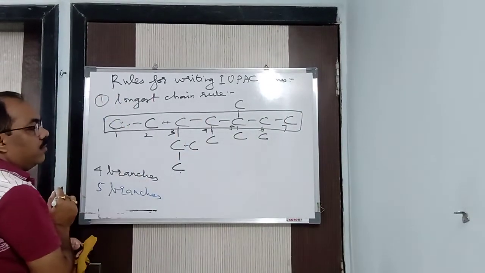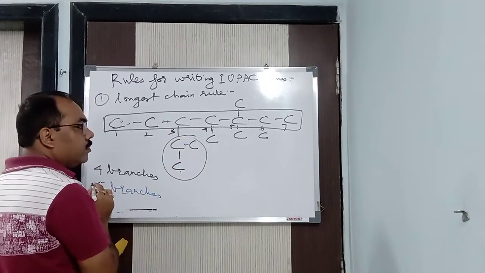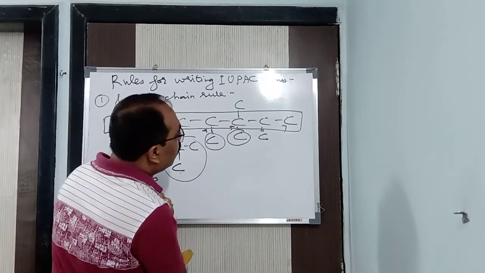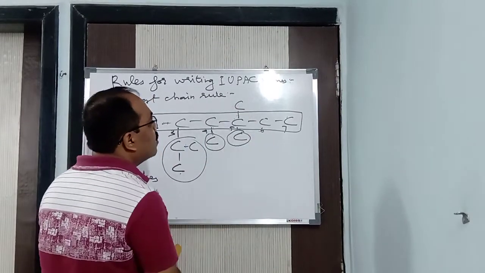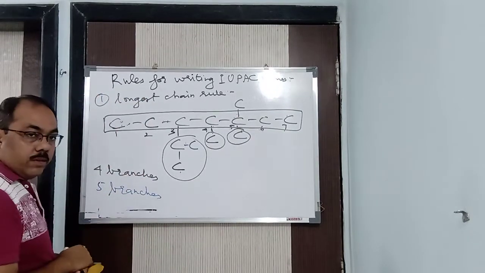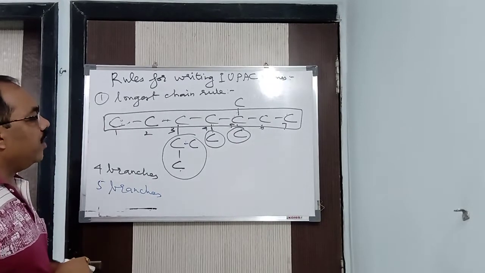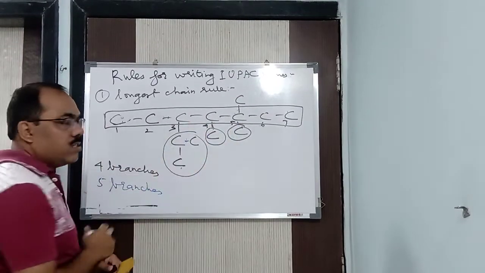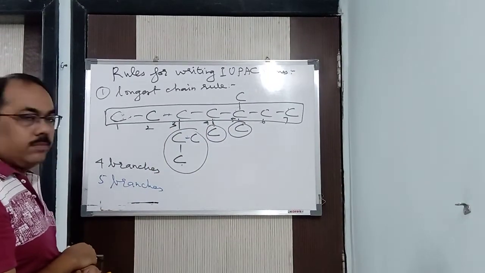This completely is 1 branch. This is second. This one is third. Alright, from where this one came? So this one is fourth. 4 branches, as you can see here. Got it? So in this way, what we find is that there are 4 branches here in the straight chain, having the same number of carbon atoms present in it.